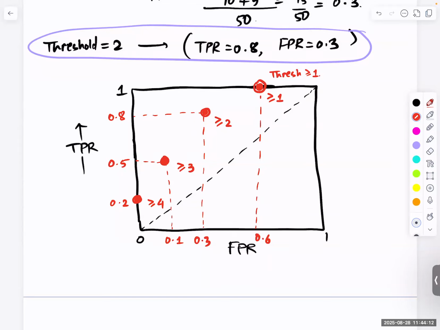So if you connect all these dots together, this curve is known as the ROC curve of our classifier, of this binary classifier.